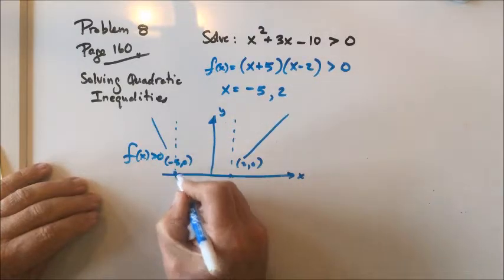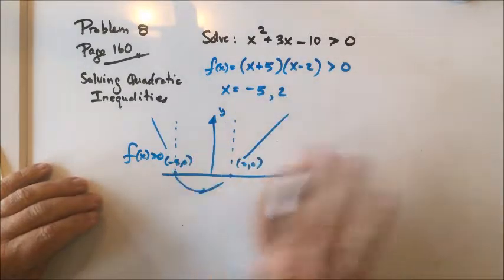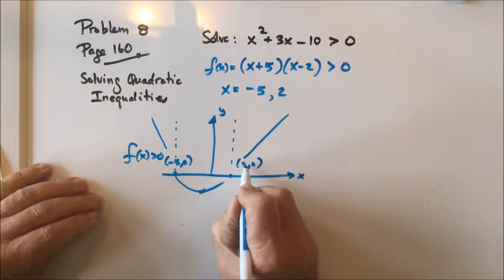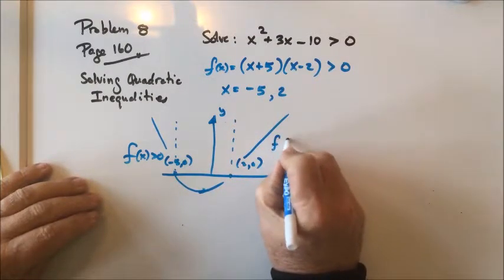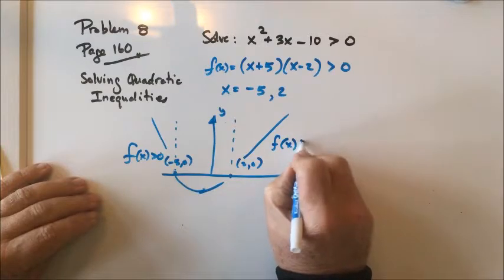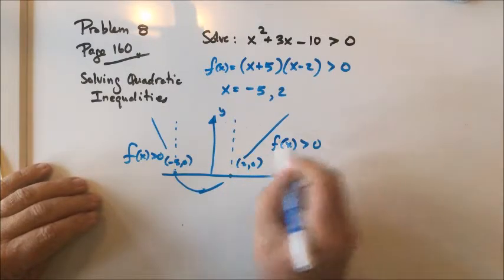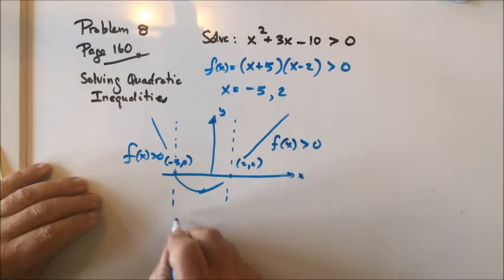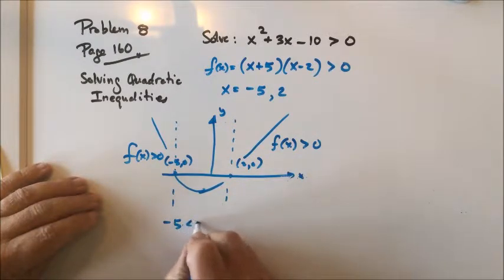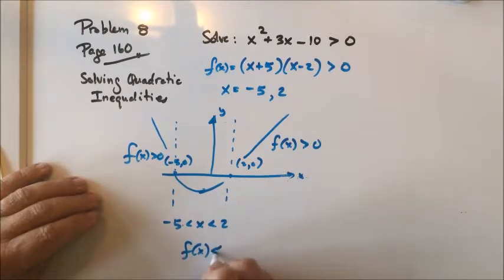Yes, it's above the x-axis. There's a region to the right of the point (2, 0), or to the right of the line x equals 2, where again this function is always positive. And there is a region between x equals minus 5 and 2 for which this function is less than 0.